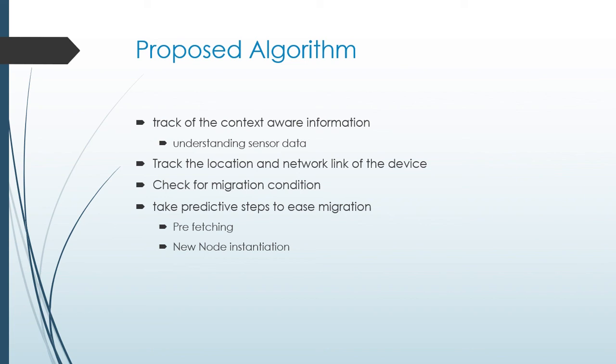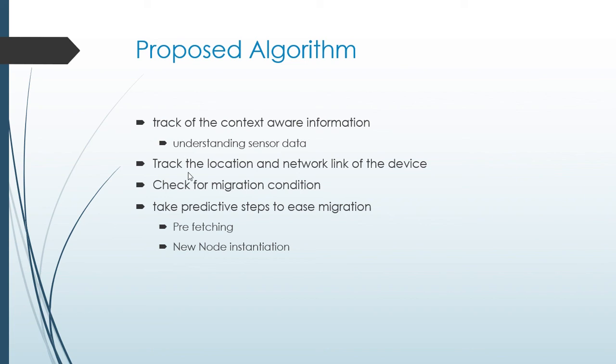But that is where the problem arises, because usually the handoff takes a lot of time. So what I'm proposing is to use predictive steps: this is going to migrate soon, so why don't I give some data to the node? Why don't I populate the node before I hand it off?